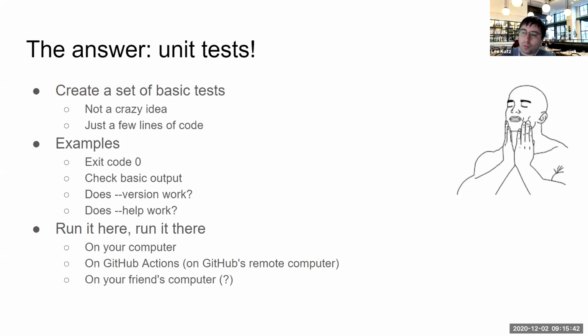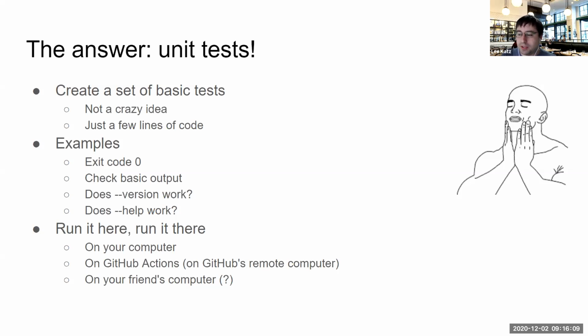Once you package it up in that standard way and you run the tests, the tests can test for anything, but some common examples might be testing for an exit code of 0. Does it have a very basic expected output? Do certain flags work, like --version? Does that put out a version number, and does it exit with 0?